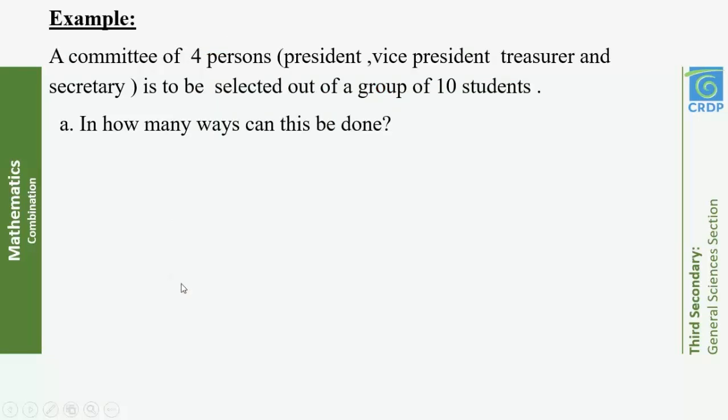Example: a committee of 4 persons, president, vice president, treasurer, and secretary, is to be selected out of a group of 10 students. In how many ways can this be done? Notice that in this problem, every person in the committee has a specific role, so the order over here is important.